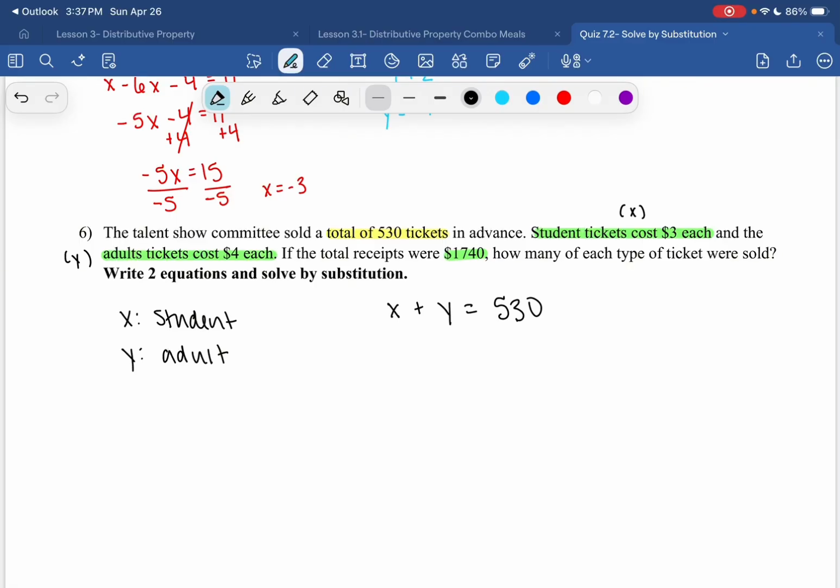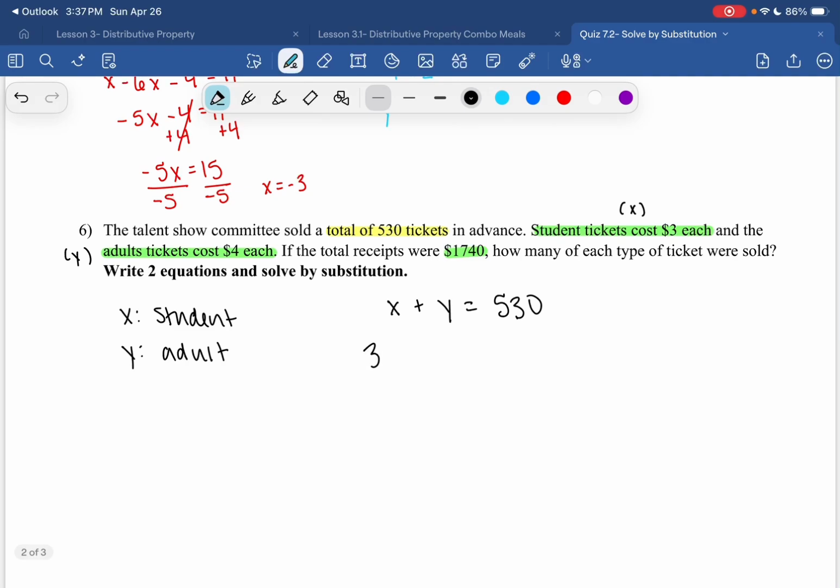Our second one we can write, because we still don't know how many is sold of each, right? That's what we're trying to find. But we do know that the cost of students is 3, so I'm going to write 3x plus the cost of adult is 4y, and we know that the total altogether was 1,740.